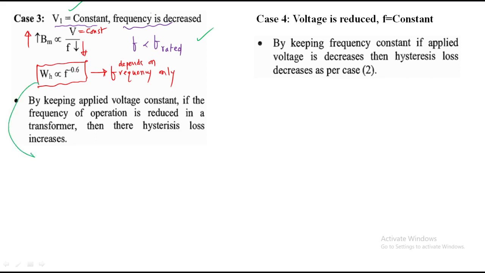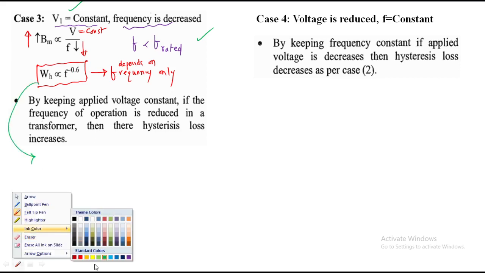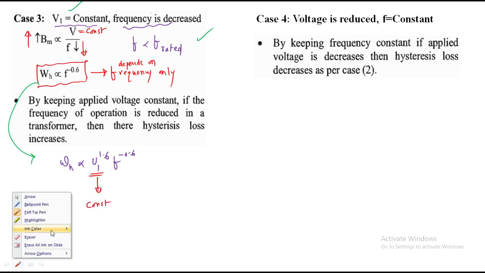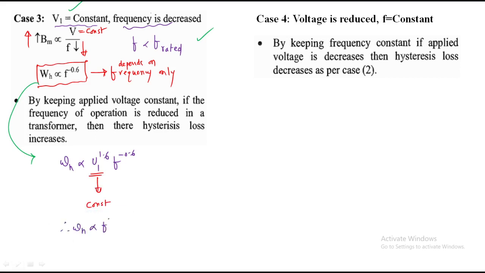What is the empirical formula for this? Proportional to V1 power 1.6 and F power minus 0.6. Here the voltage is constant, right? Therefore, WH is proportional to F power minus 0.6 only.